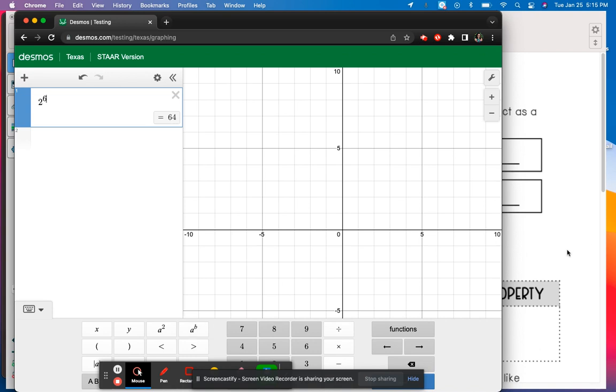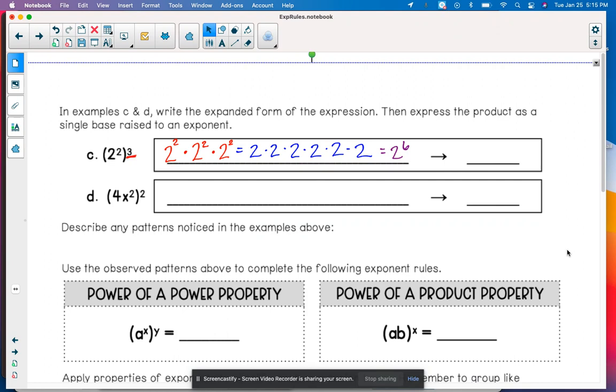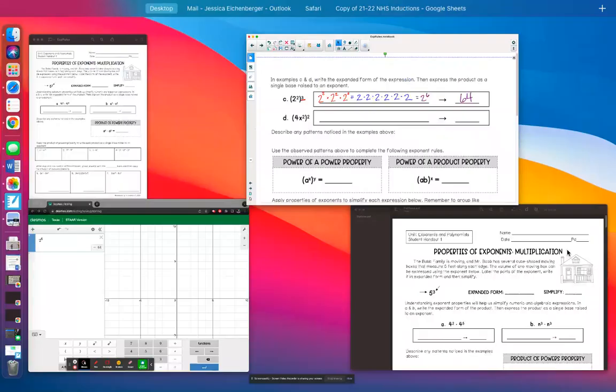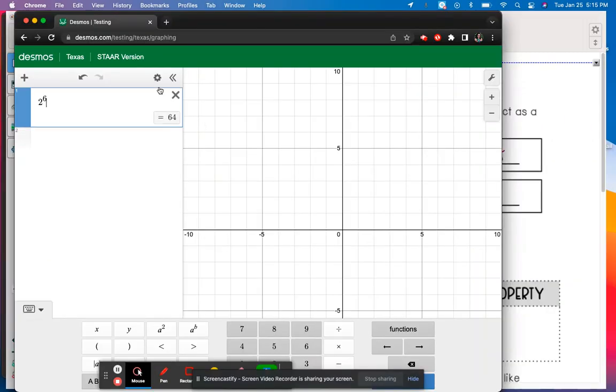So 2 to the 6th is 64. I'm going to show you that one more time. In our little keyboard, you type in the base first. Whenever I come to the calculator, you have to use numbers only. You cannot type in your variable. So 2, a to the b, 6, and we get 64.